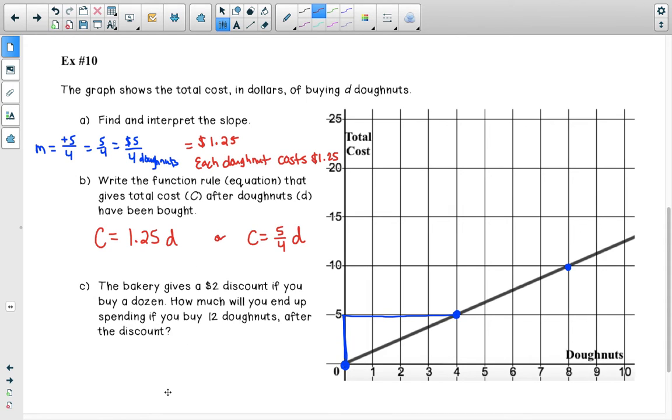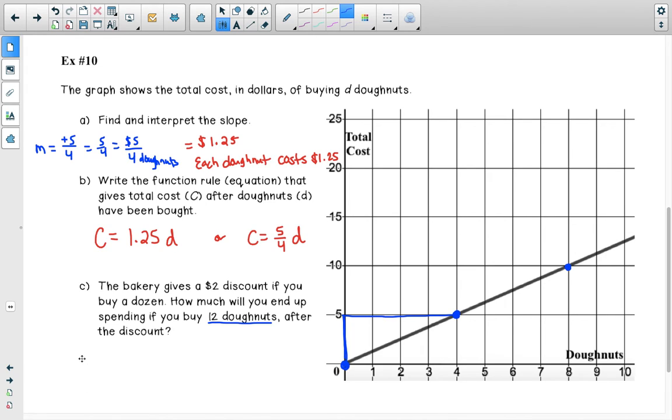So the last question says, the bakery gives a $2 discount if you buy a dozen. A dozen is 12. How much will you end up spending if you buy 12 donuts after the discount? So if we think about how much you would spend if you bought 12 donuts, let's plug that 12 donuts into the equation we just came up with.